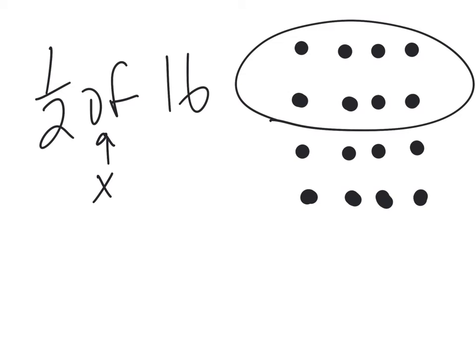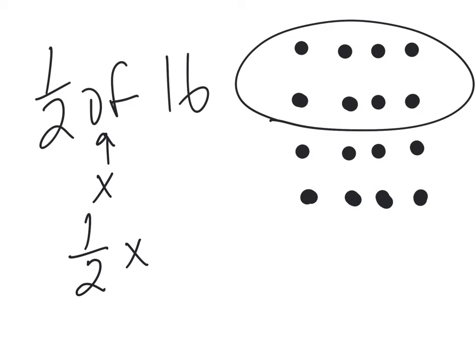But let's talk about how you could reach this answer using an algorithm, without a model, or without a friendly problem like half of 16. I'm going to set up a problem underneath. I'm going to write 1/2, and instead of the word of, I'm going to write times 16, because of means we're going to multiply. But I want to set up 16 as a fraction.